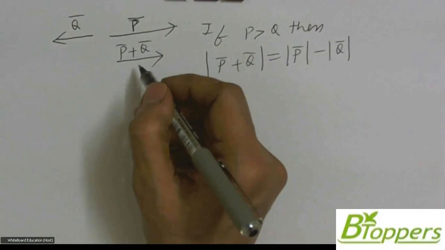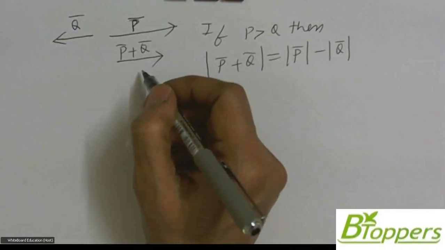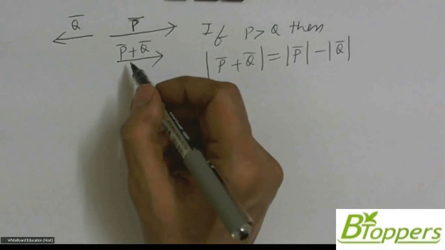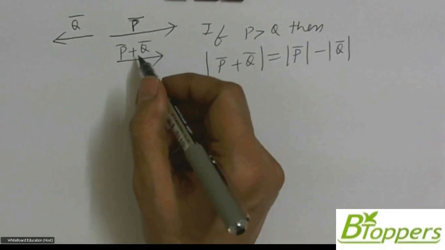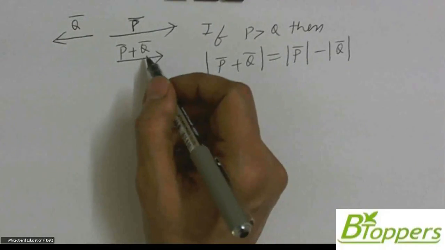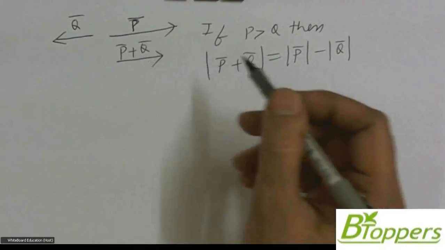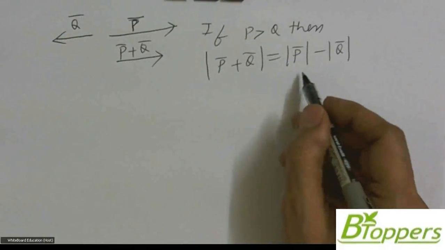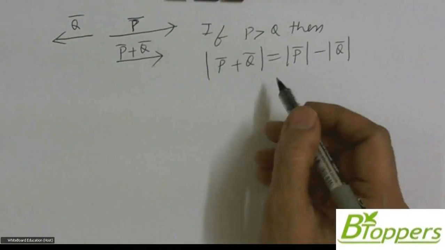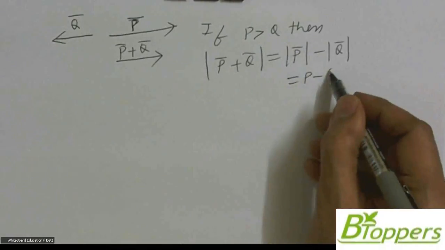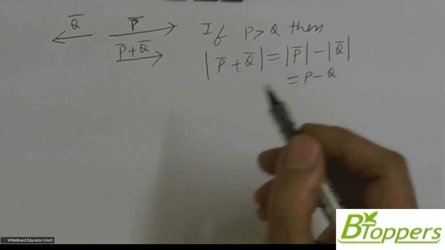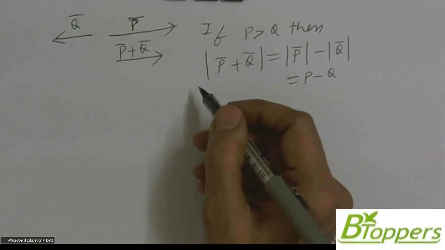Some students commit mistake here. Usually they write P bar minus Q bar in place of the resultant of P bar and Q bar. That's wrong. P minus Q does not mean P bar minus Q bar. P minus Q means magnitude of P bar minus magnitude of Q bar.